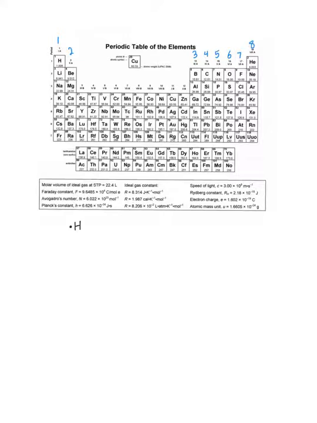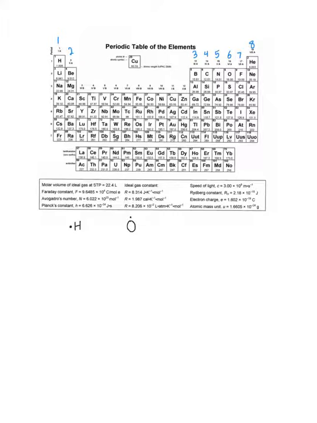Now, let's take a look at oxygen. Oxygen is in group 6, so it should have 6 valence electrons. To show 6 valence electrons around oxygen, what I need to do is first spread electrons out and then start pairing them up.